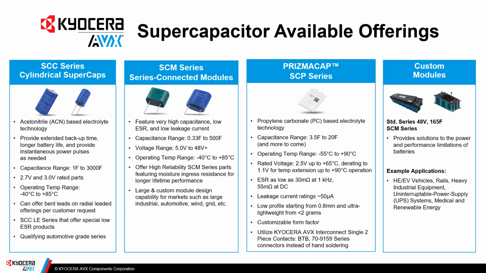Now, the next column to the right, the SCM series connected modules, those likewise are acceptable parts. Those devices essentially have two individual SCCs placed in series to increase the voltage.